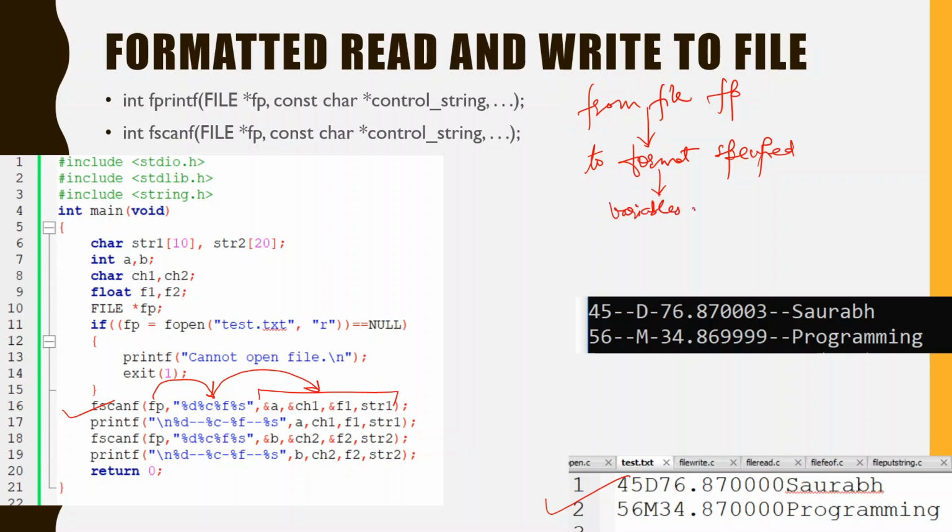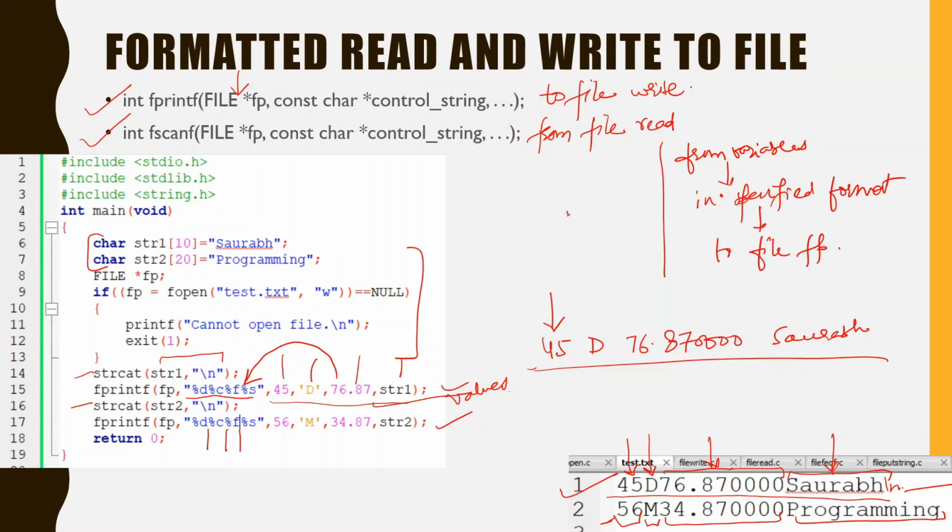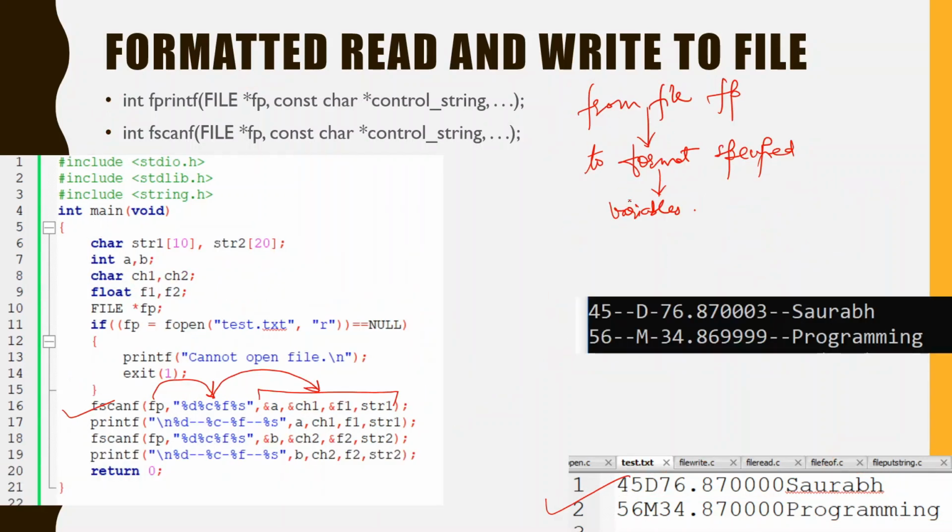And here it is from variables, in the specified format, to file fp. So this was the direction of operation of fprintf, and this is the direction of operation of fscanf.